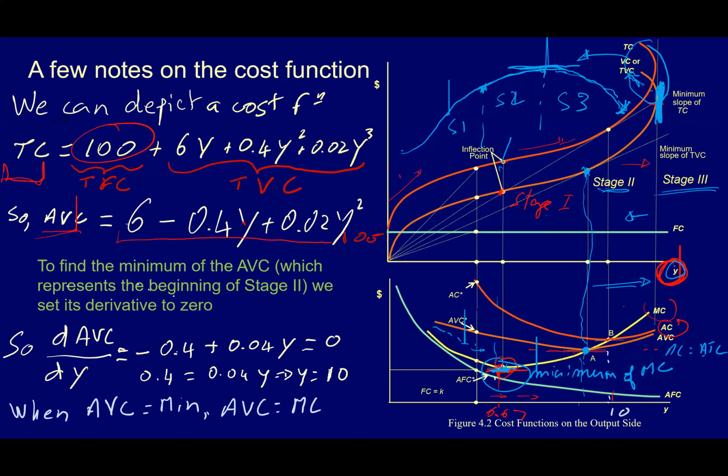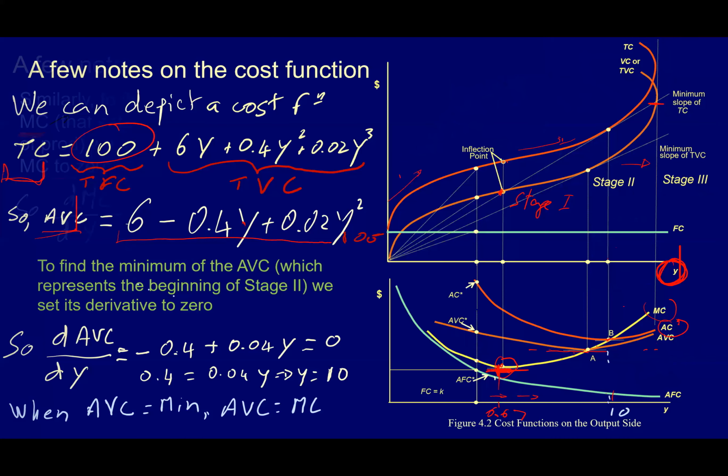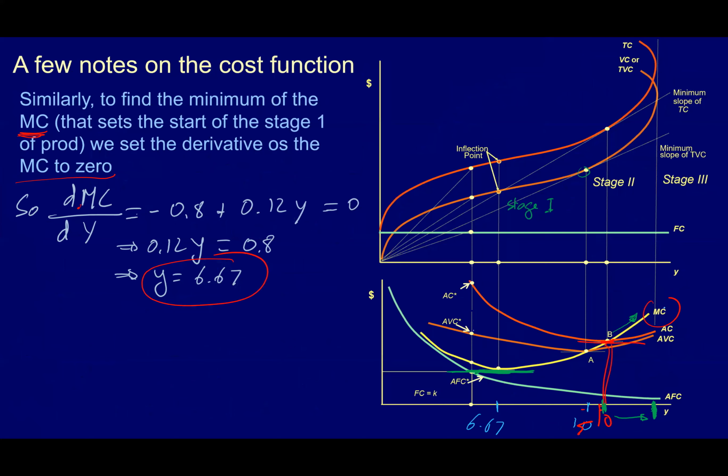So how do we obtain those minimum values? To obtain the minimum value for the marginal cost curve, we set the derivative of the marginal cost curve to 0, because the slope here is 0, right?